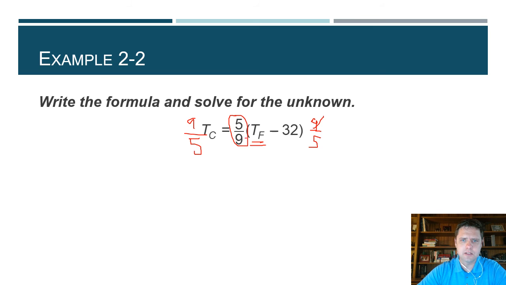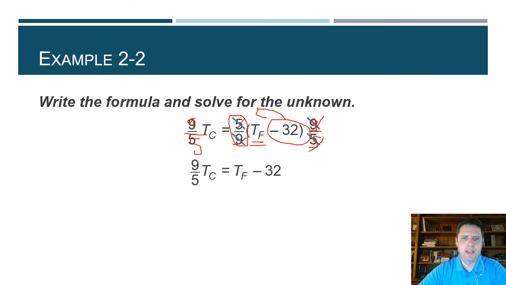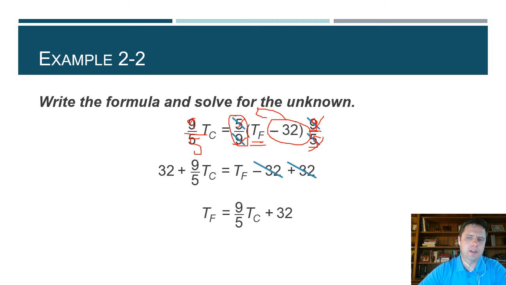The 9 cancels the 9, and the 5 cancels the 5 on this side. And then we're left with 9/5 TC. Then we can just add this 32 to the other side. We're left with 9/5 TC equals TF minus 32. We add the 32 to both sides, which cancels the 32s on the right side. And we're left with a formula: temperature in Fahrenheit equals 9/5 the temperature in Celsius plus 32.